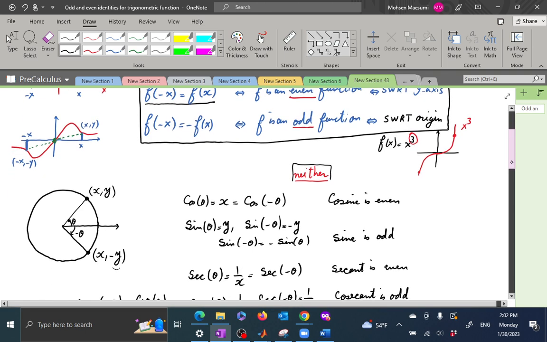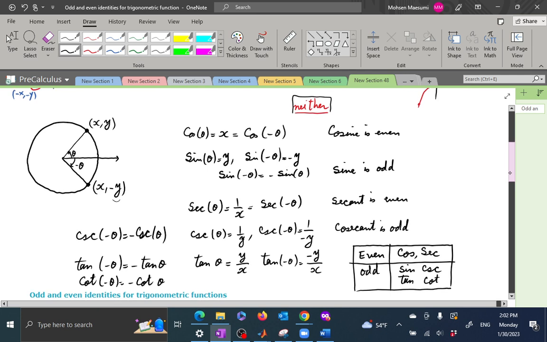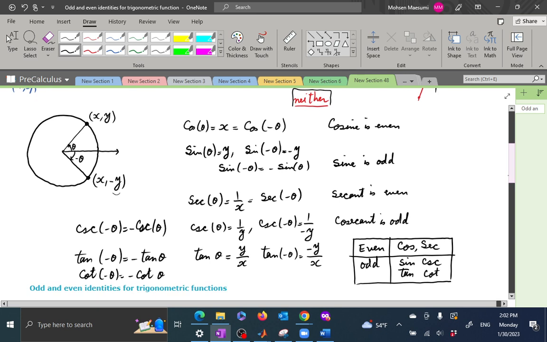So we extended it to the situation that we are looking at an angle and it's negative, and with respect to these six trig functions, we saw that with cosine and secant, there you could kind of say the negative evaporates, like cosine of minus theta is same as cosine of theta.